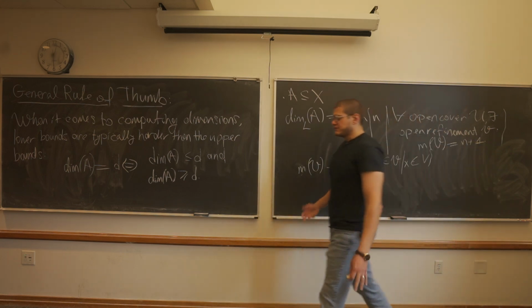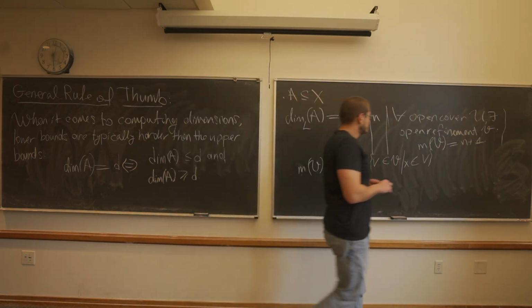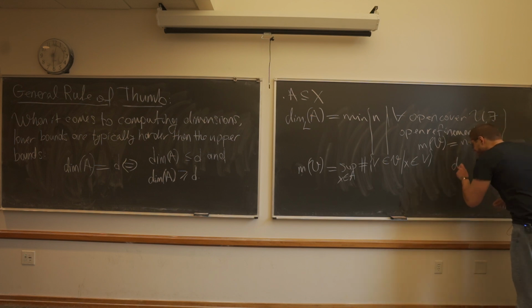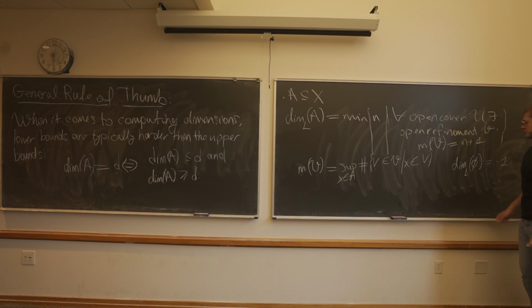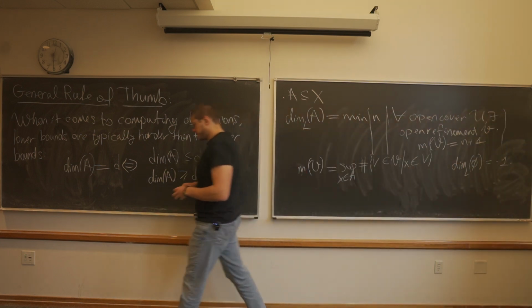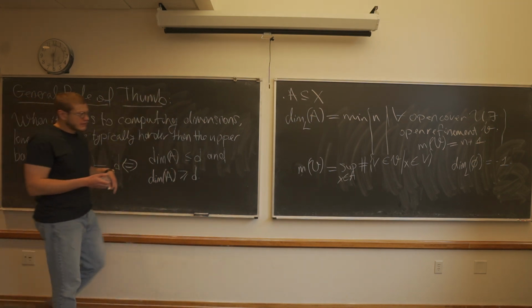So if I were to take A to be the empty set, which is a silly thing, the dimension turns out to be -1. And the Lebesgue dimension of a finite set is 0.